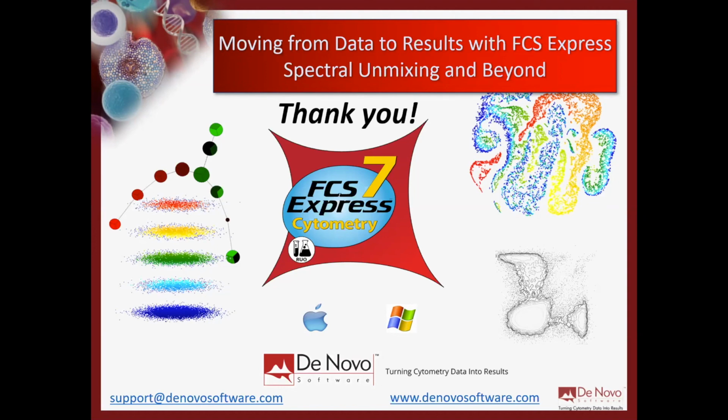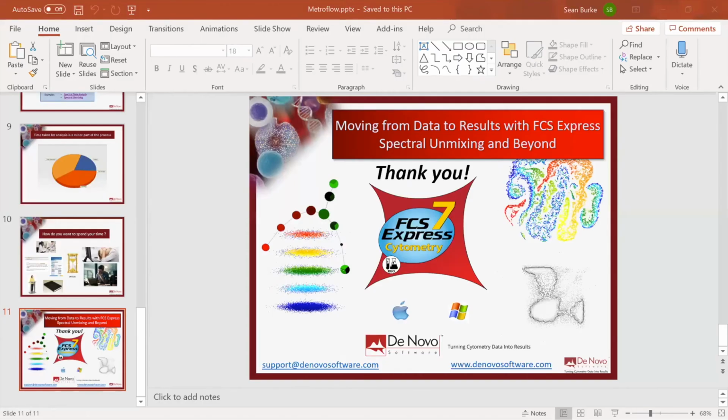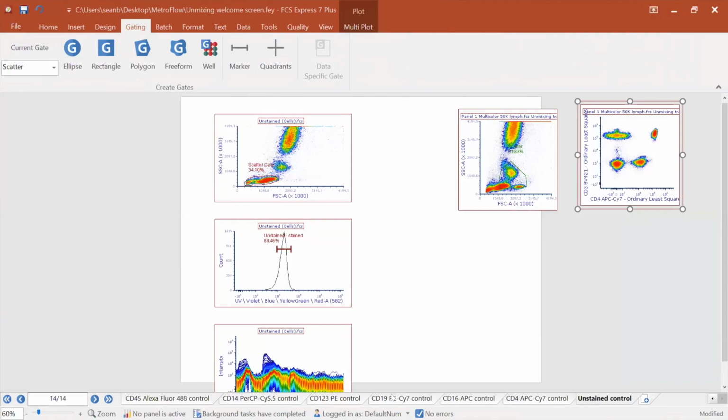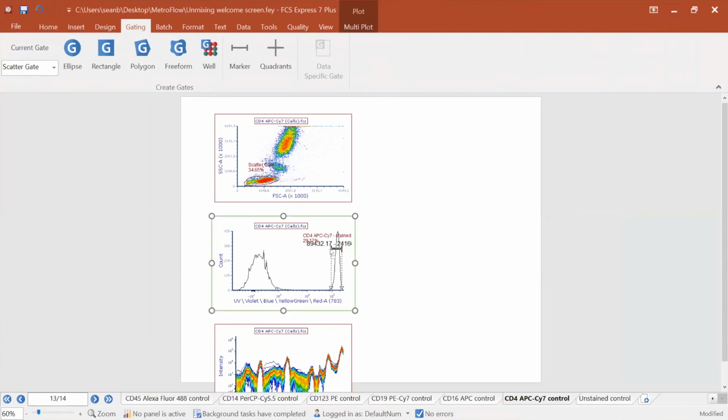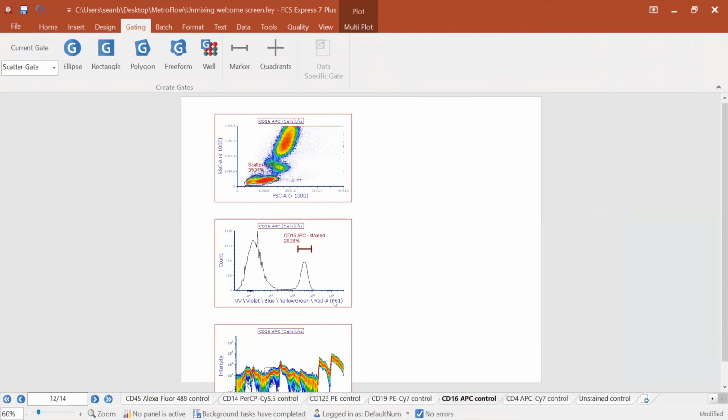Essentially, what we're using for the median or the MFI value in FCS Express, let me see if I can pull that up, is the median for this marker, for whatever this marker is set. What FCS Express does is it finds the channel. Here you can see this says 783. If I come over here and look at CD16, it says 661.